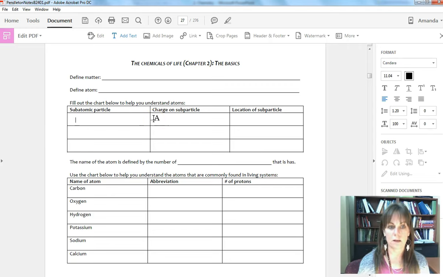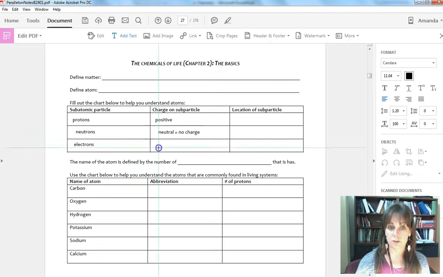They're going to be protons, neutrons, and electrons. And again, the charge on the subparticle, well, if you're a proton, P for positive, you notice you have a P on proton and a P on positive. That helps me. Neutrons are neutral, which means no charge.